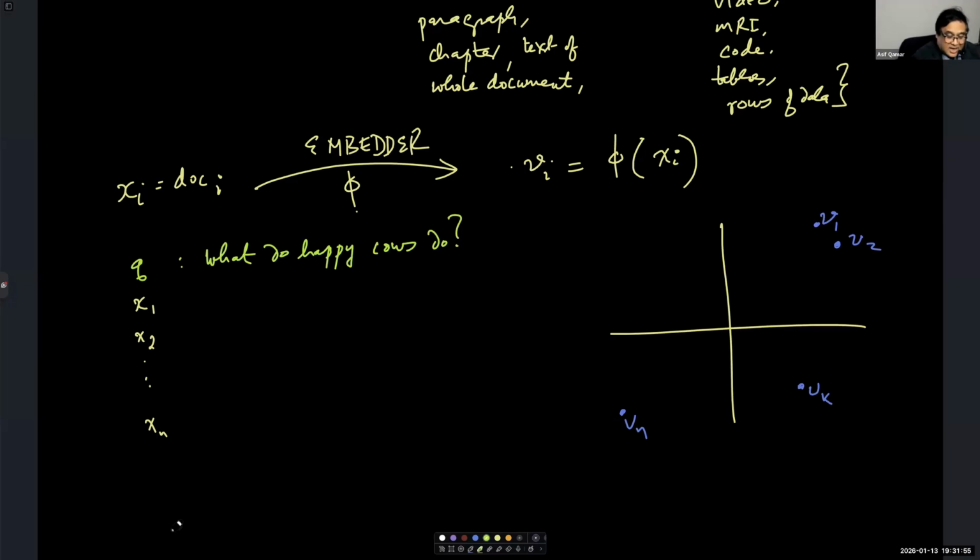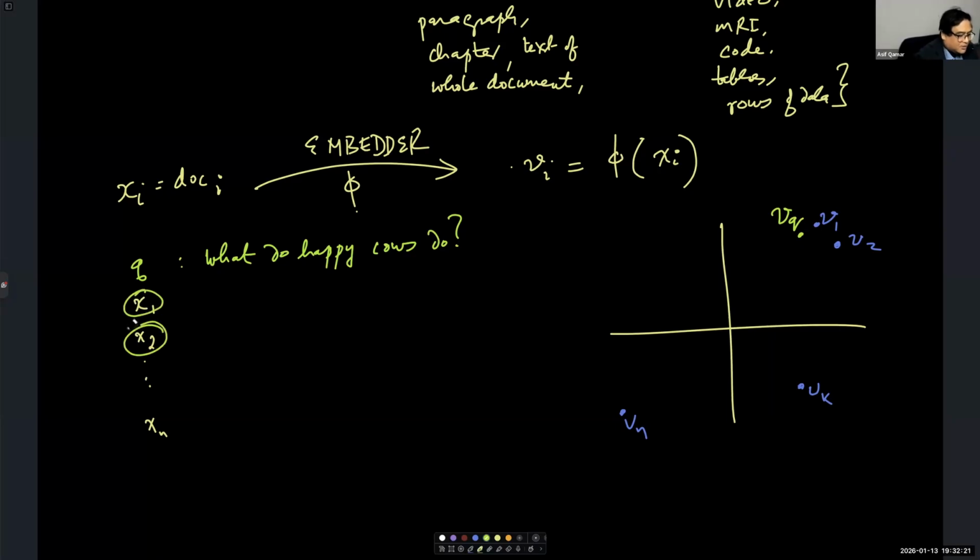And that query happens to become a vector here. Can you tell which of these should be the first two search results? V1 and V2. And what documents do they correspond to?